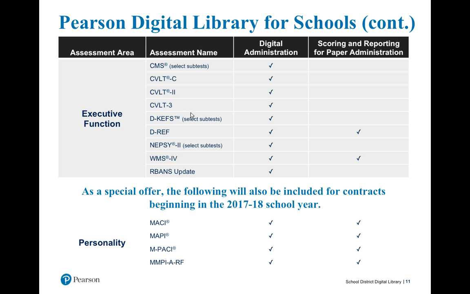So these tests down here, the MACI and the MAPI and so on, would be available within the library for the upcoming school year. Or, I should say, they would be available immediately to you upon moving to this pricing model.